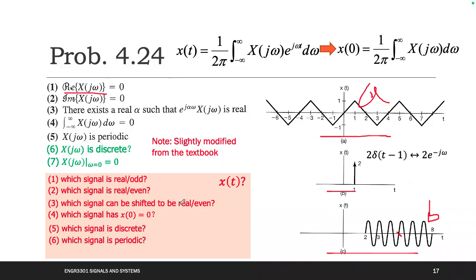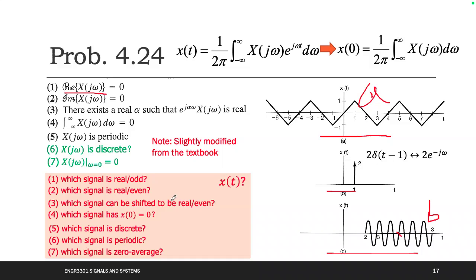And then, which signal is periodic? Yeah, the A, am I right? That's right. And which signal is the zero average? Yeah, A. You're right. How about B? No, not B, sorry.